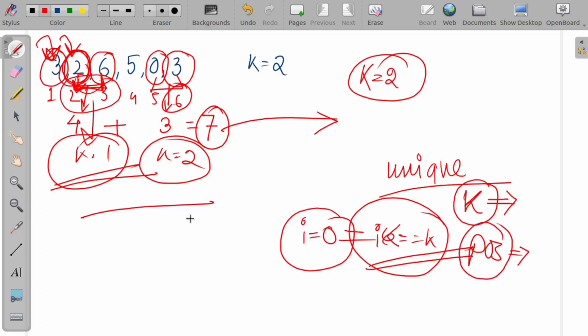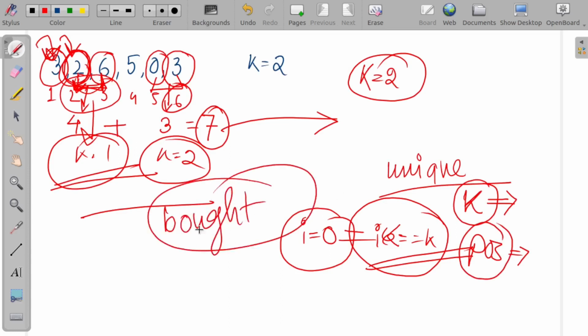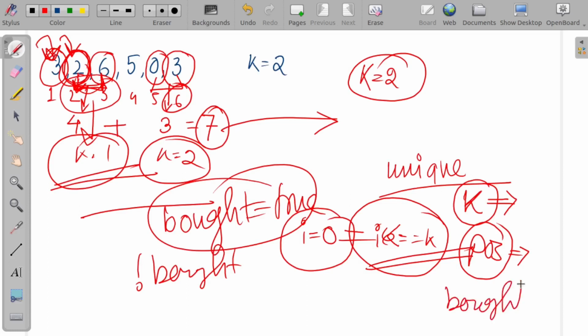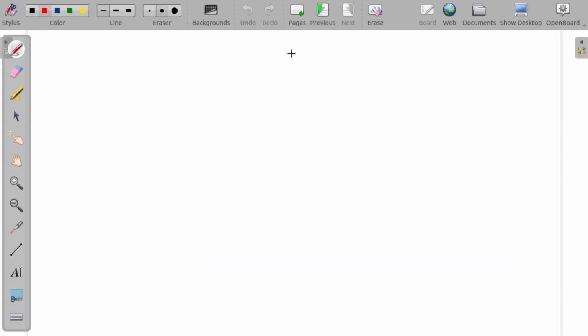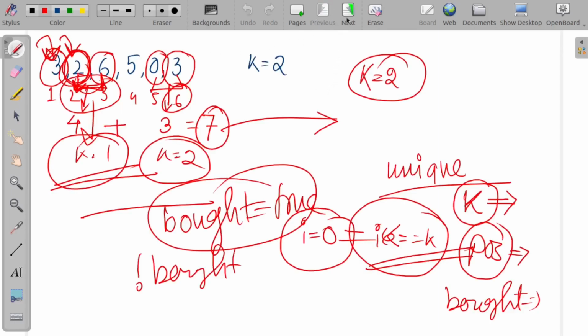Another condition is whether I bought the stock or not: if I have not bought the stock, that is the false case, and if I have bought it, that is the true case. So these are the three basic unique parameters, and I need a 3D dynamic programming approach.